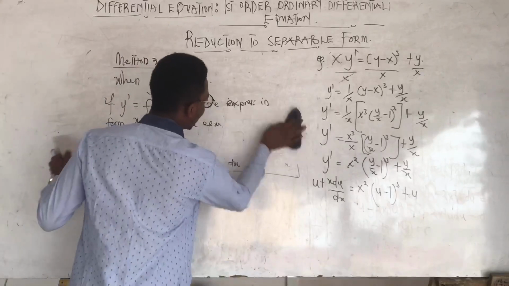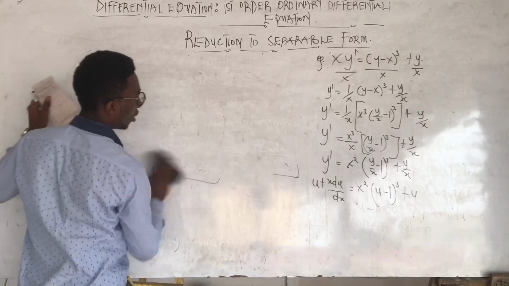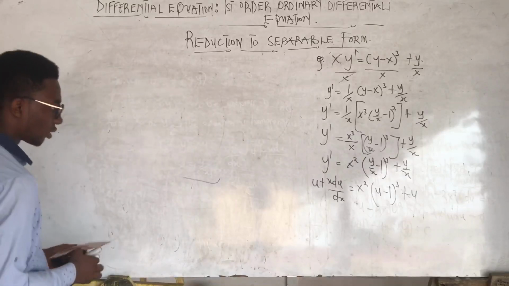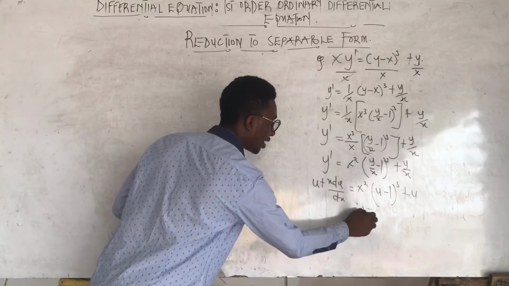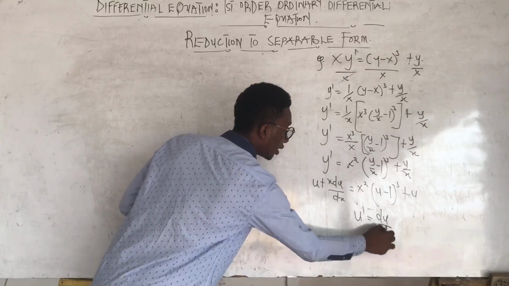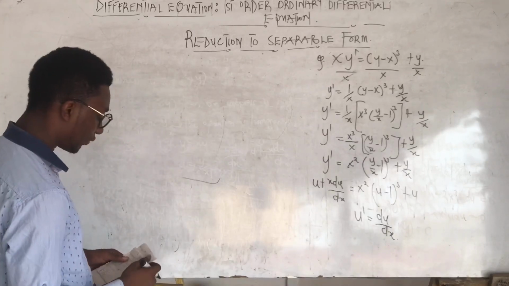So let's continue from this side, so that it doesn't become cumbersome on the board. Let's take u prime as the same as du/dx, the derivative of u with respect to x.